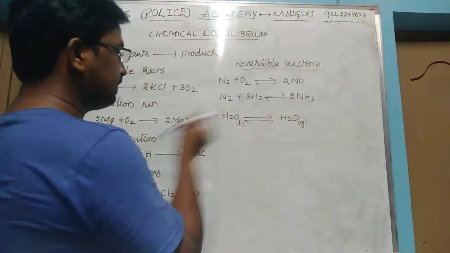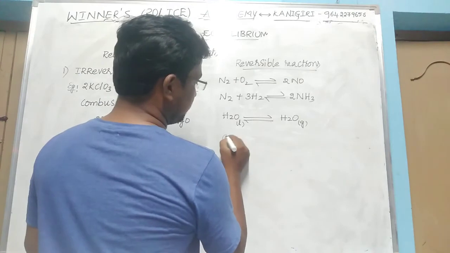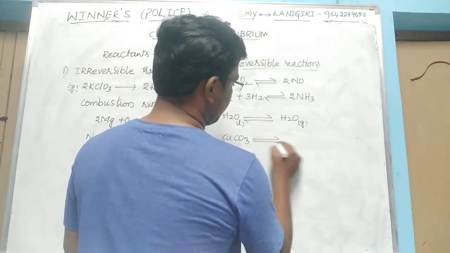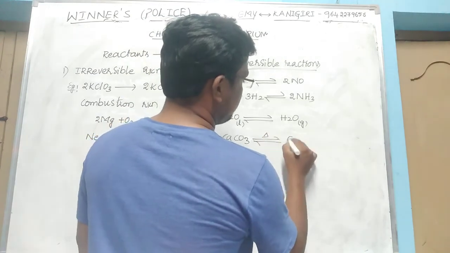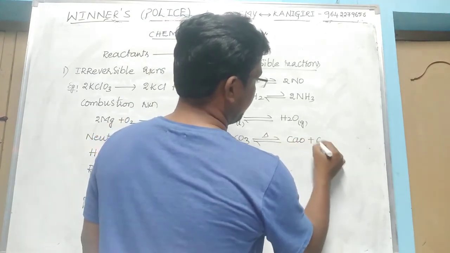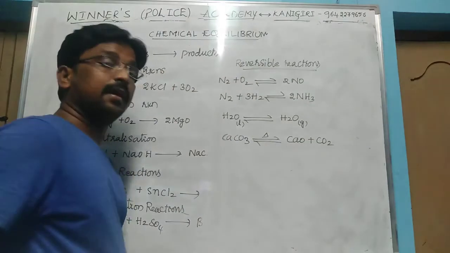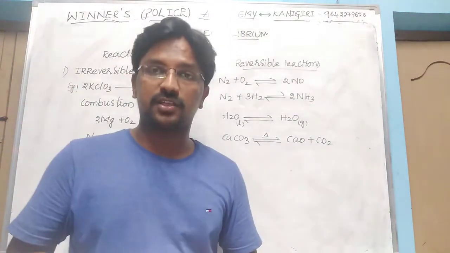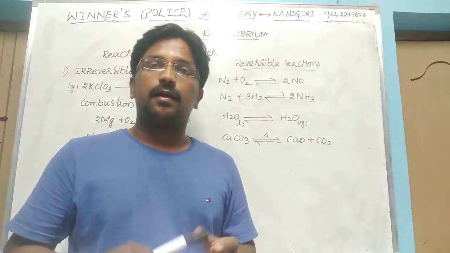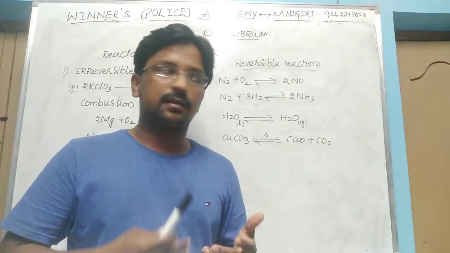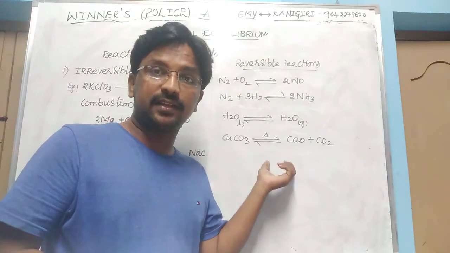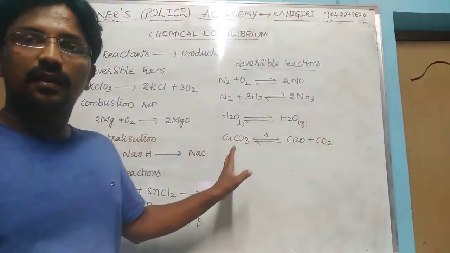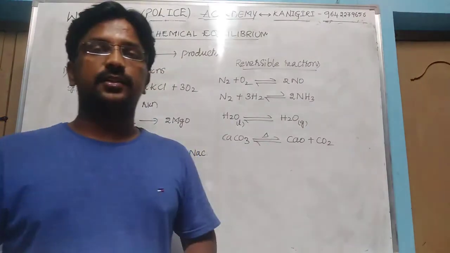And at the same time, calcium carbonate, CaCO3. Generally by seeing this, it is said to be an irreversible reaction actually. But when you heat the CaCO3 in a closed vessel, it can give both forward and backward reactions.